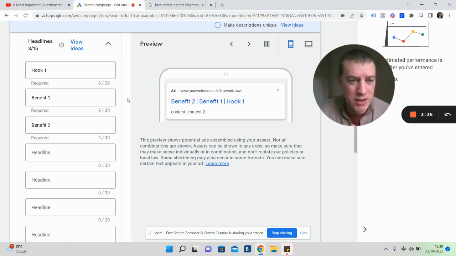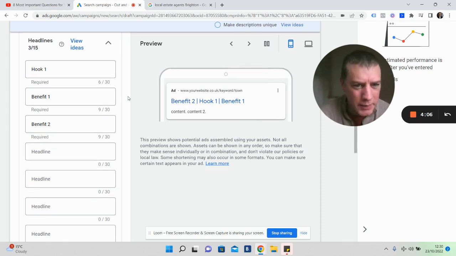That's obviously a mistake of leaving it and letting it dry up, so to speak. But also, the reason he wasn't getting results is because it was talking about him. His first headline was award-winning letting agents, 2019. It's 2022 now, 2023 in a few months' time. So that was obviously a quick win.